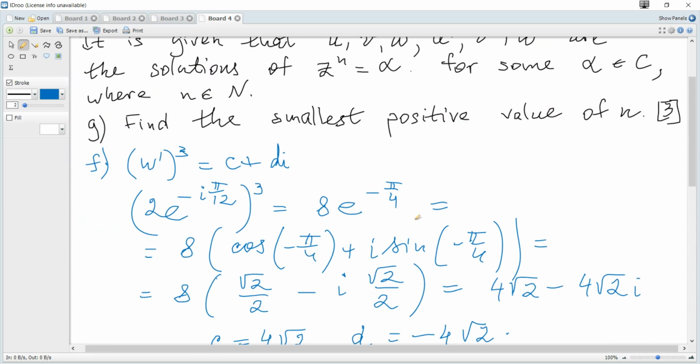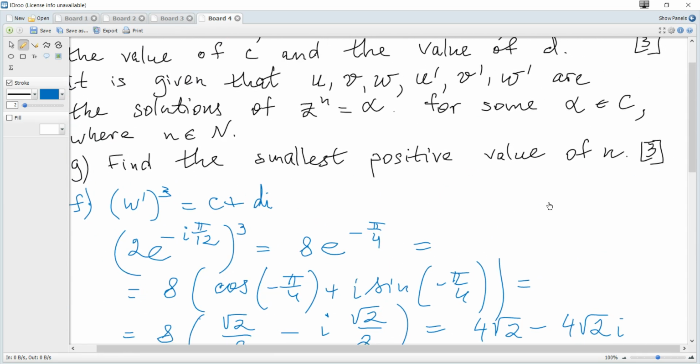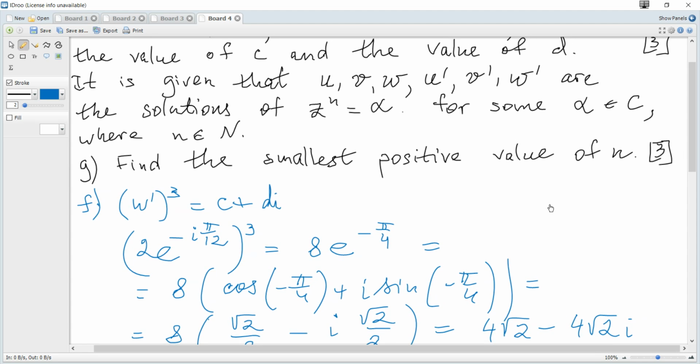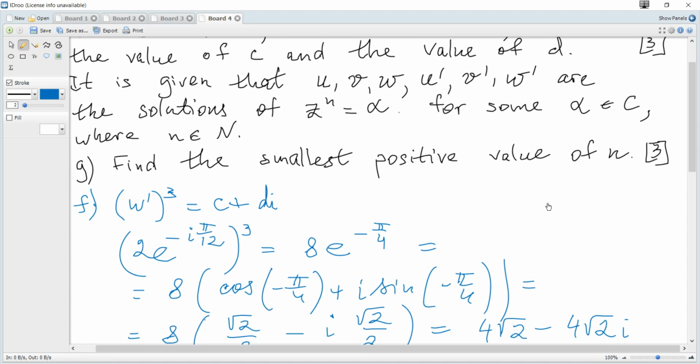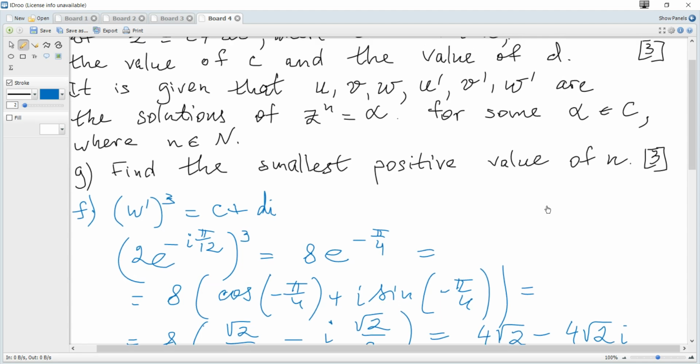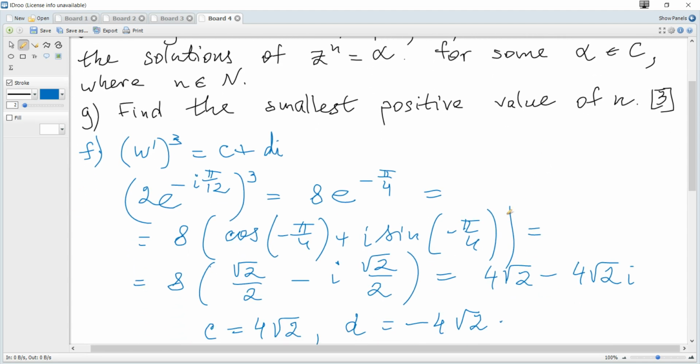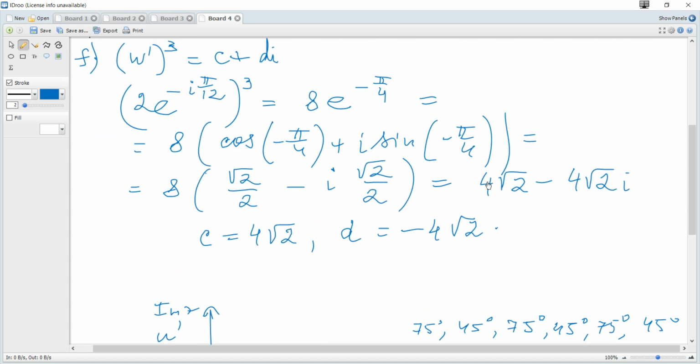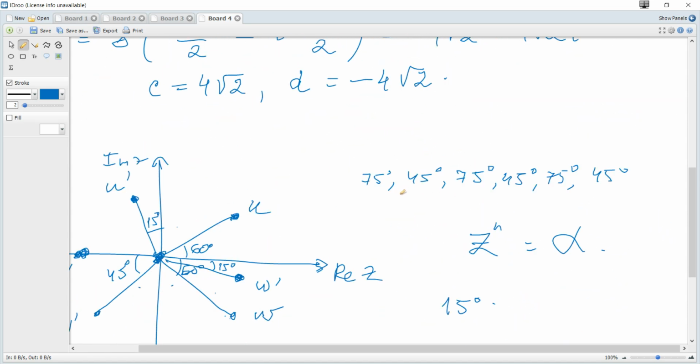So how to answer? We can see 3 marks. Find the smallest positive value of n. So we can give the answer as follows.